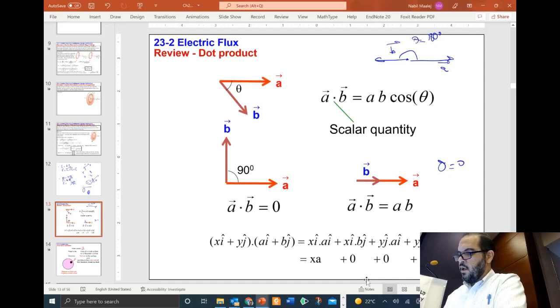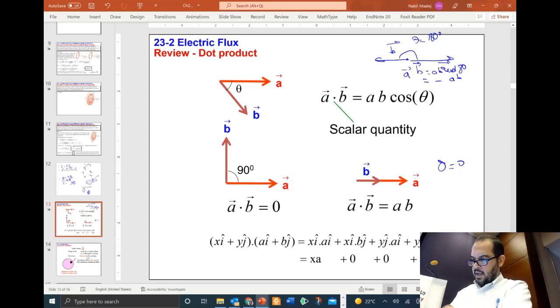In this case, if you do A dotted with B, it's going to be AB cosine 180, so this is minus A times B. Cosine 180 is minus 1. All right? So this is going to be useful for the next definitions. All right, let me go to the presentation mode.